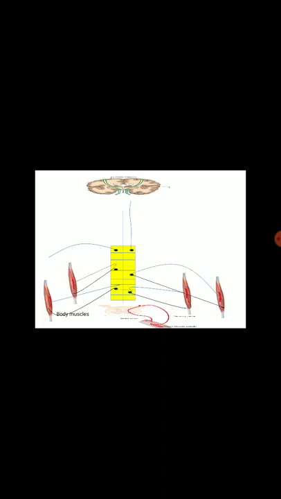Now this stretch reflex, in this diagram I am showing at different levels. This is the muscle which is having a sensory and motor nerve from the different body parts, maybe upper limb, chest, abdomen, thorax, lower limb. This group of muscle I am showing from the neck region. This is from the head muscles.